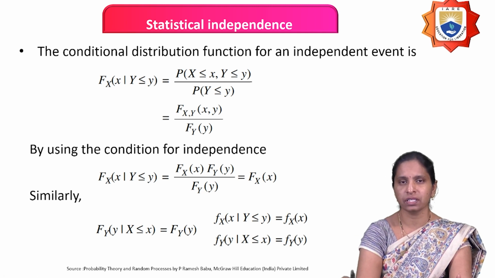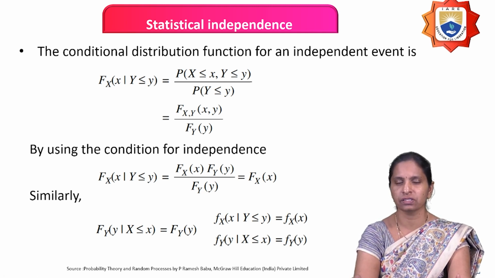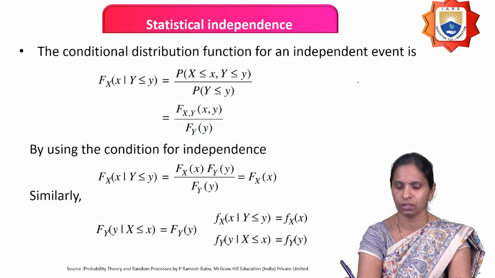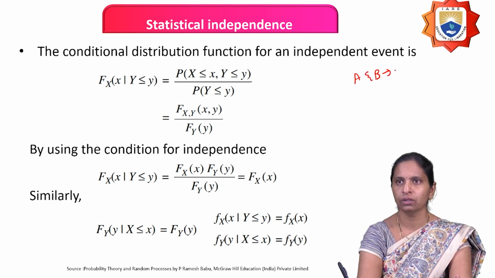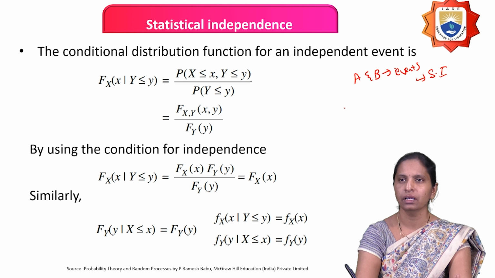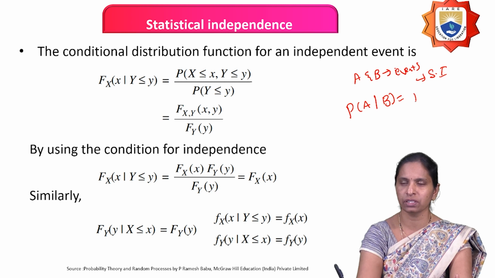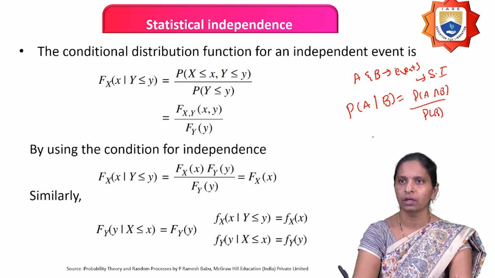Now, the same concept will apply to the conditional distribution and conditional density function also. For example, if A and B are two events, and let us say these two events are statistically independent, then what is the conditional probability of the event A given the event B? What is the formula actually? P of A intersection B by P of B. For independent events, what is the condition?